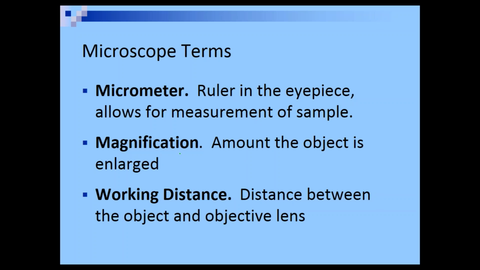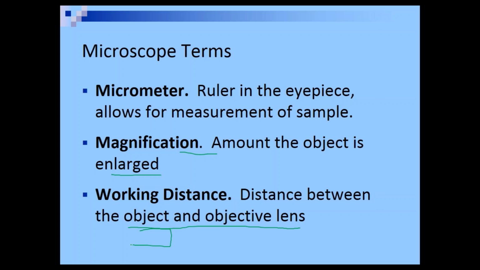Magnification is just the amount that the object is enlarged, and I've already mentioned that stereobinocular microscopes tend to have lower magnification overall when compared to compound microscopes. Working distance is the distance between the objective and the object that you're looking at.